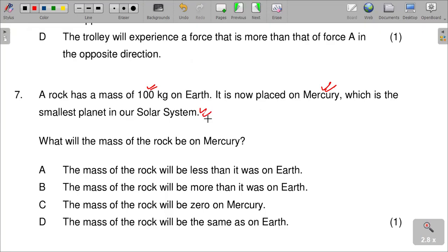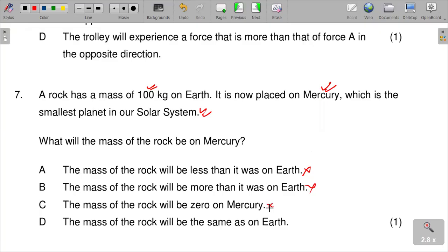So the mass of the rock will be less than what it is on Earth. Not really. The mass of the rock will be more than it was on Earth. Not exactly. The mass of the rock will be 0 on Mercury. Not really.